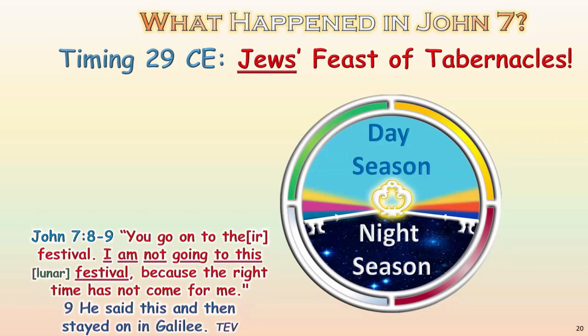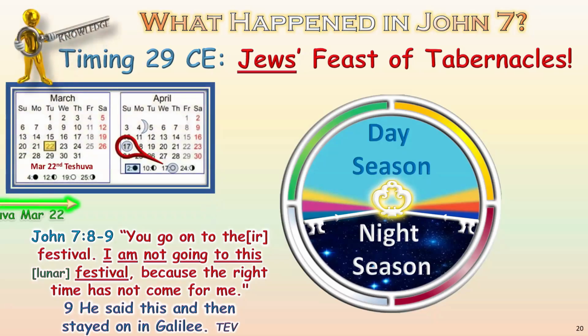In John 7, verses 8 and 9, Yahusha had said to his brothers, after they had begged him to come with them up to this Jews' Feast of the Tabernacles, "You go on to the festival." Or he could have said, "You go on to their festival. I am not going to this festival." It was a lunar festival, "because the right time has not come for me." He said this, and then he stayed in Galilee.